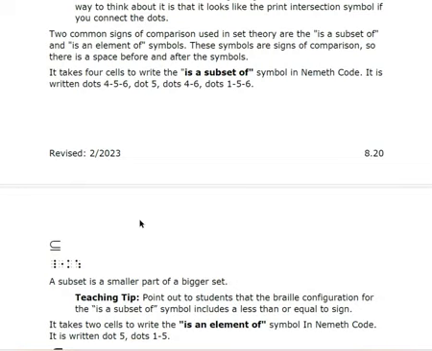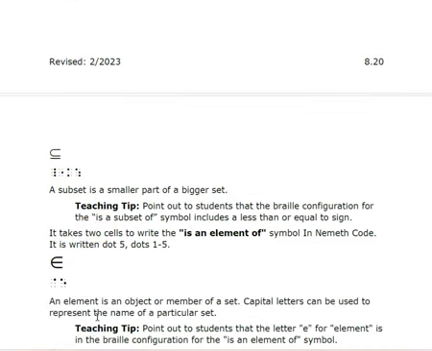It takes 4 cells to write is a subset of. So this is that opening cup, and it's opening to the right, and it has a line under it. So it is dots 4, 5, 6, dot 5, 1, 3, WH.